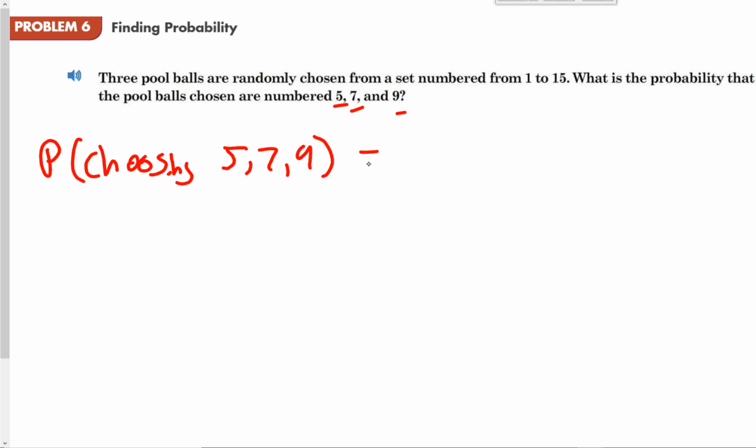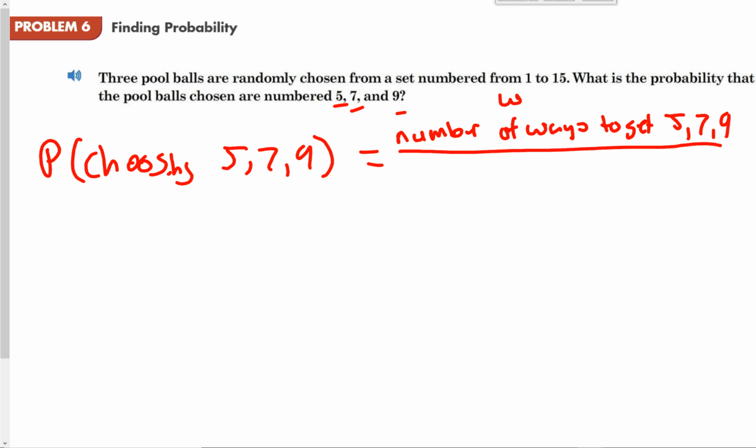So we need the number of ways to choose 5, 7, and 9 out of the total possible. The possible is the number of ways to get 3 pool balls.